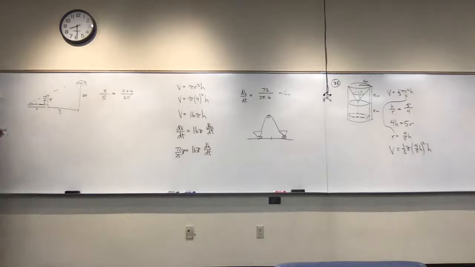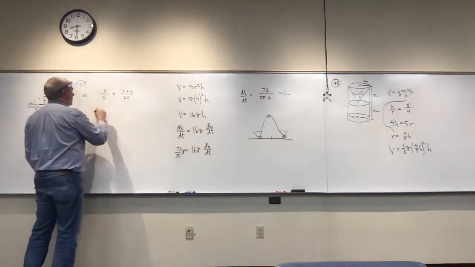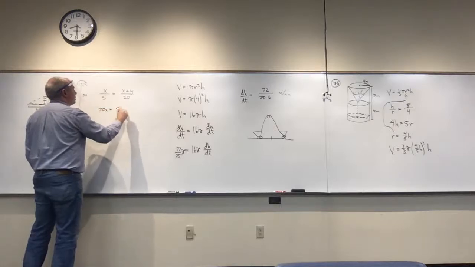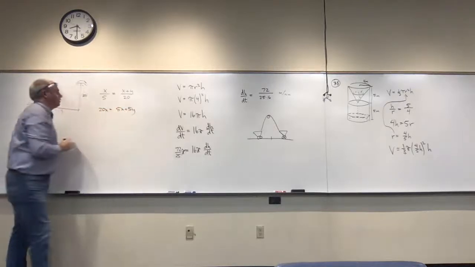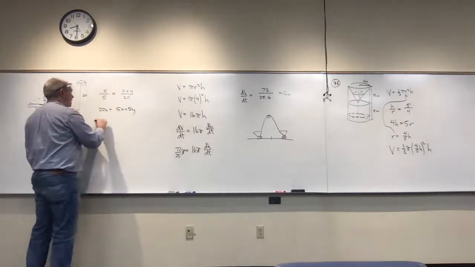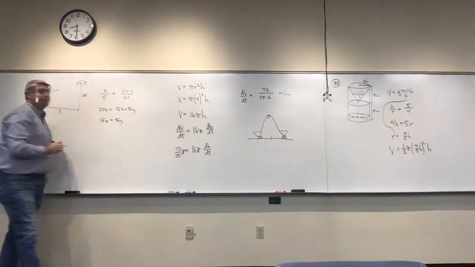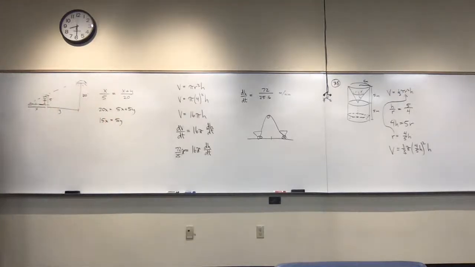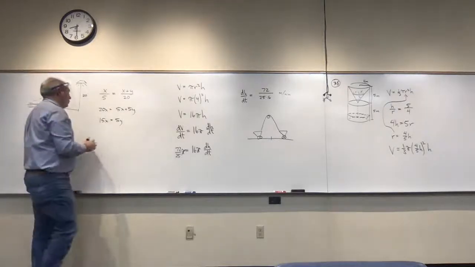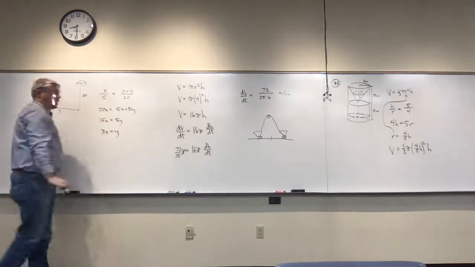Now I could cross multiply if I wanted to, and then I get 20x is equal to 5x plus 5y. I could subtract 5x from both sides, and I get 15x is equal to 5y. And I could even divide both sides by 5 and get that 3x equals y.